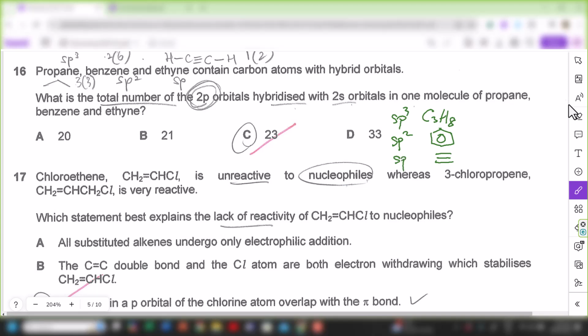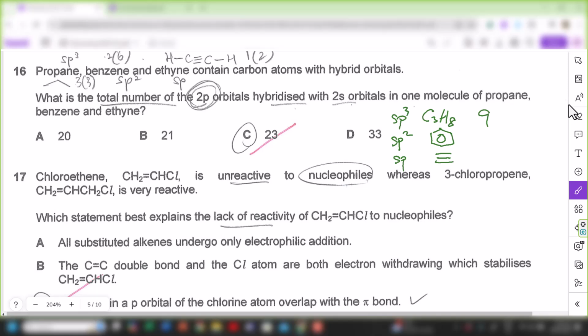The question asks, what is the total number of 2p orbitals hybridized with 2s in one molecule each? Okay, so sp3, so that will be 3 2p for each carbon, so total will be 9. Then for the benzene ring, there are 6 carbons.